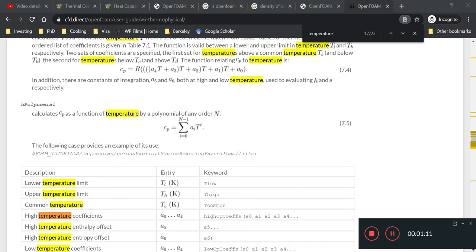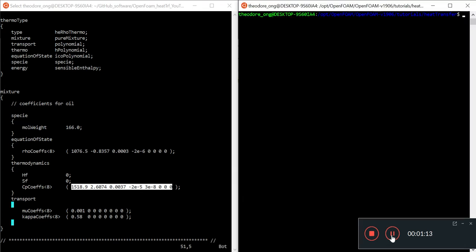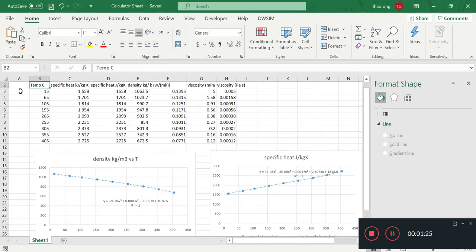So for example, let's start changing our rho equation of state to fit this. Let's add 273 to our temperature. Equals this plus 273.15 or 16, whichever.